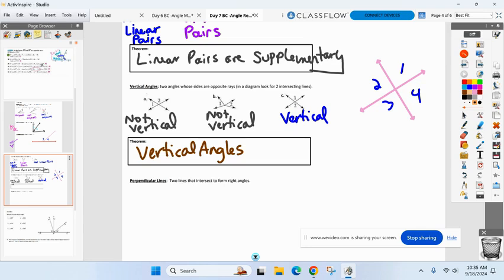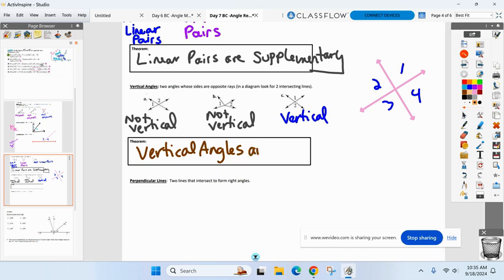Will I ever take off if you spell it wrong? Absolutely not. But I will write a note to you about how maybe you want to reevaluate your life because you can't spell the word vertical. C-A-L, not L-E. All good? All right, we can proceed now.